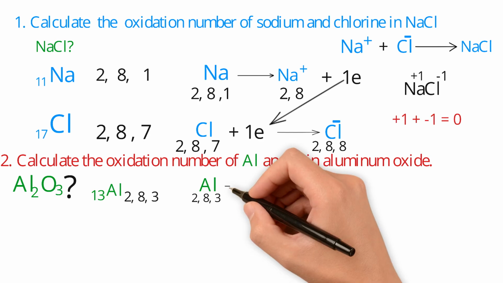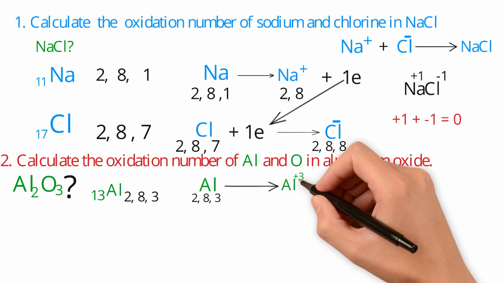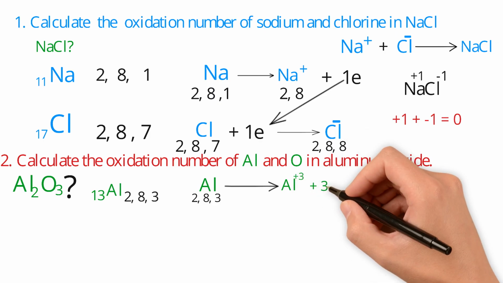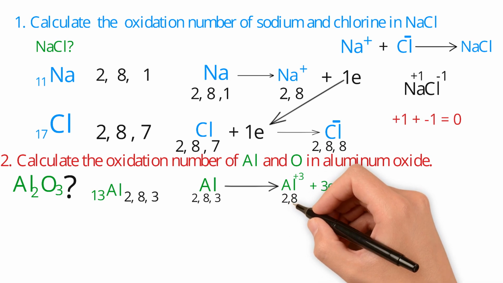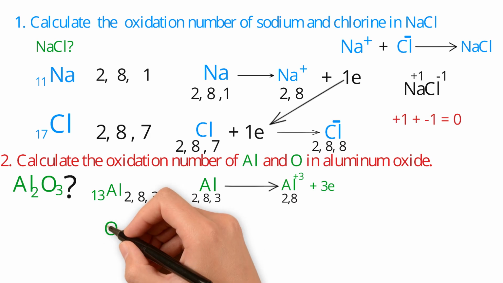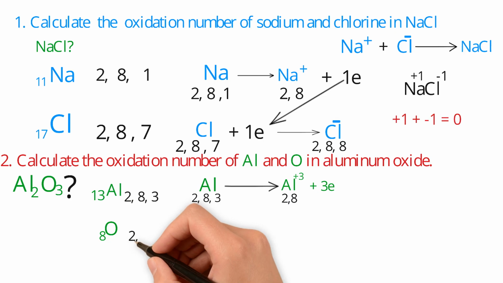Now aluminum loses 3 electrons and forms aluminum plus 3 ion. This aluminum plus 3 has 8 electrons in its outermost shell, and its electron configuration is 2,8. Now oxygen, atomic number 8, electron configuration in main shell 2,6.